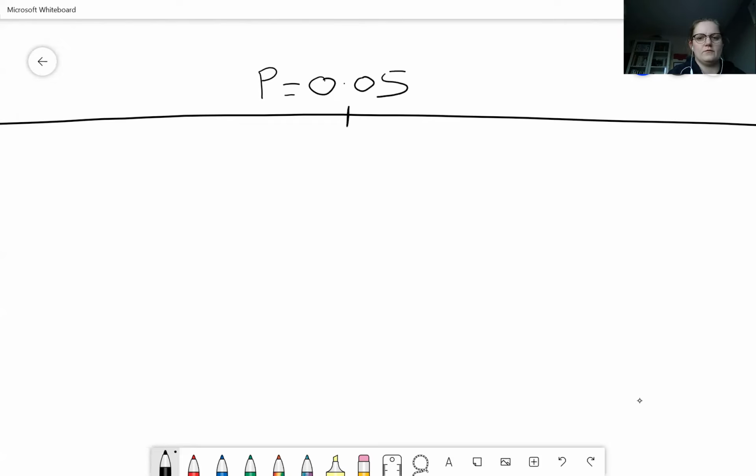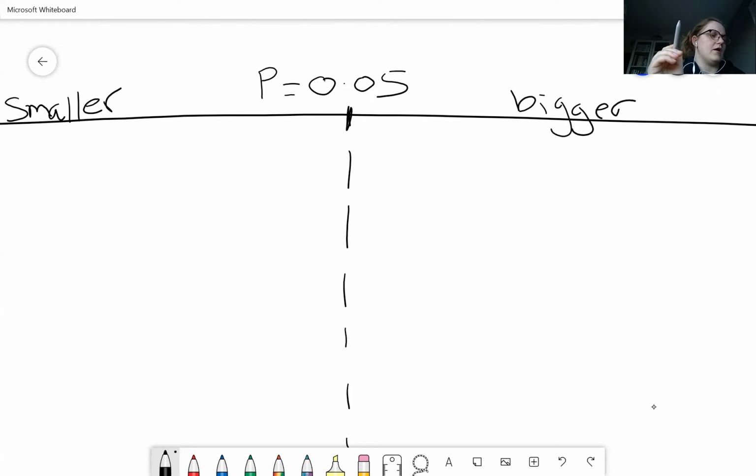Let's do this as our cutoff point down the middle. So if we have a number smaller than 0.05, we might have a number bigger than 0.05. This is our critical value. 0.05 is our critical value. So we call this C, critical value.